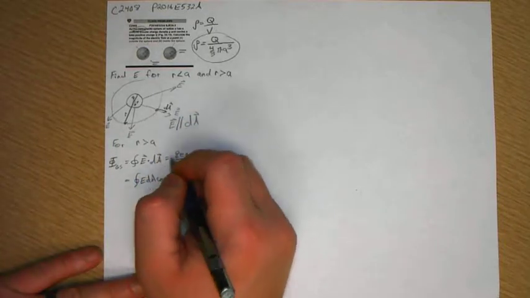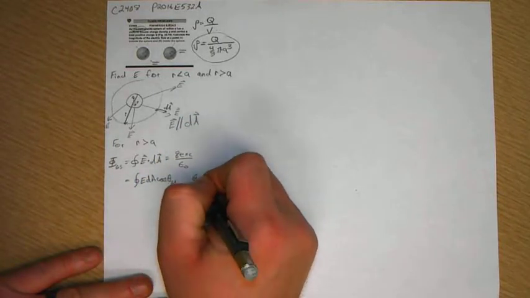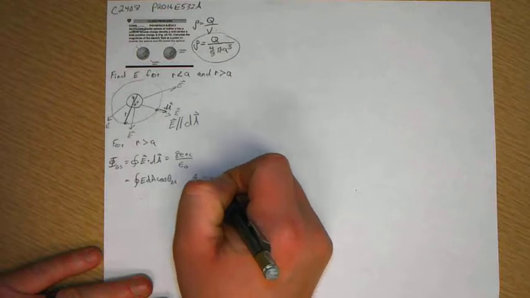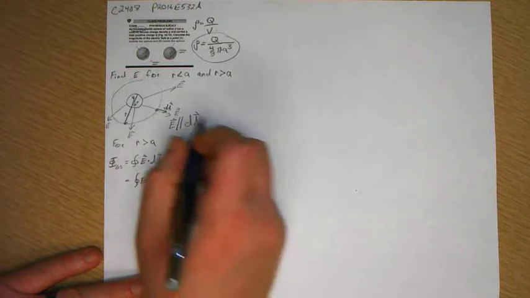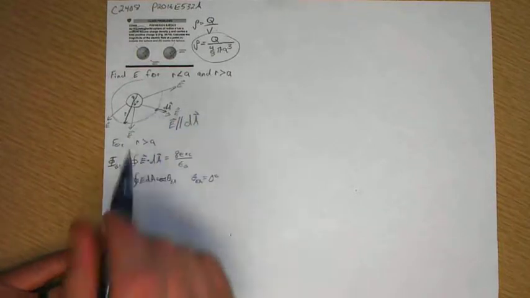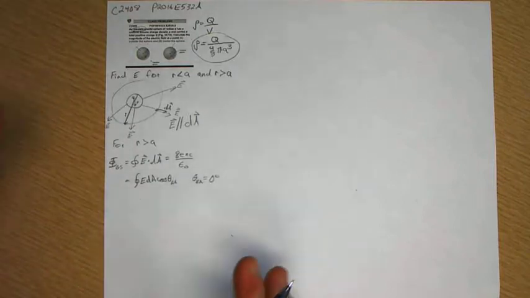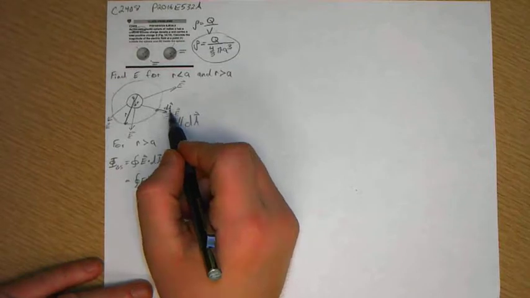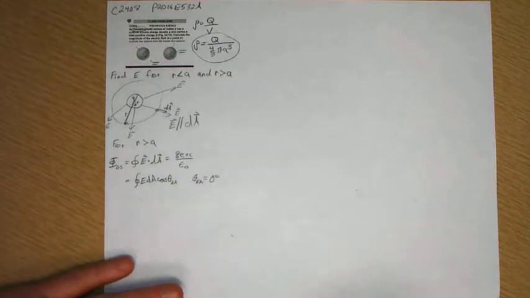But this angle is always 0 degrees. They are always parallel to each other. We define our surface so we can do that. We wouldn't define a surface in which dA was not parallel with E.